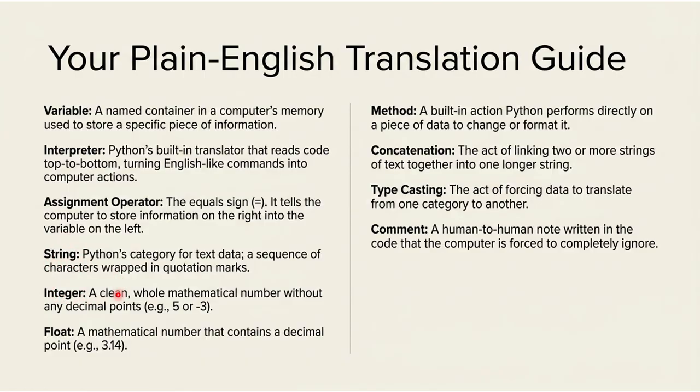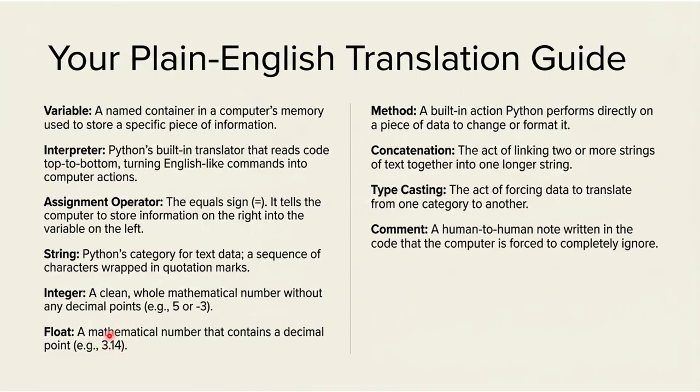Integer. An integer is a data type used to store a clean whole mathematical number without any decimal points. Example: 5 or -3. What is a float now? A float is a data type used to store a decimal point number.